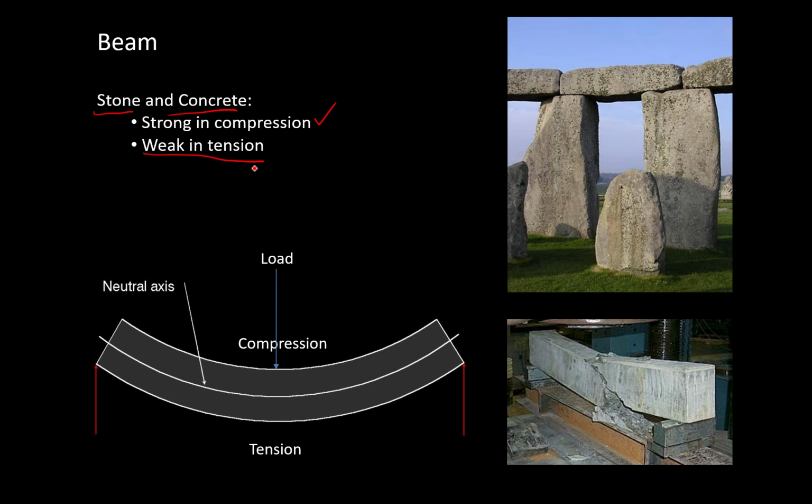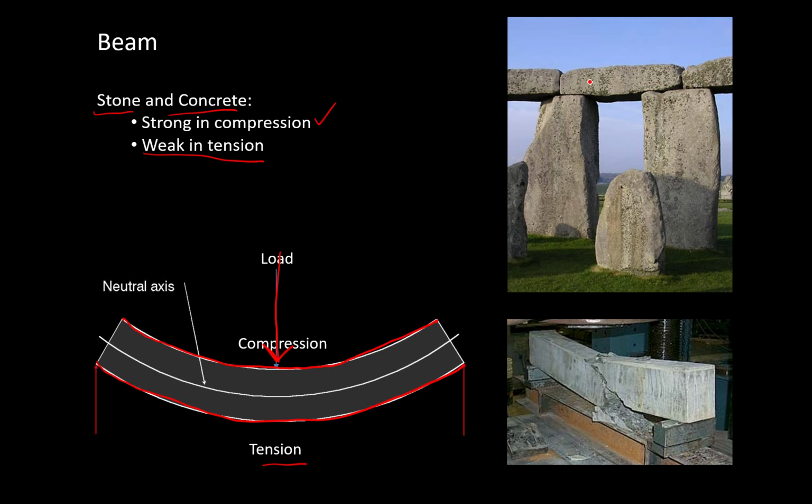So what's happening when a beam is spanning horizontally and it gets loaded with either its own weight or with a floor or people standing on top of it or roofing material, it tends to bend like this. And what happens when it bends is this top side here gets a little bit shorter, gets crushed in compression, and this bottom side here gets stretched or elongated in tension. And so stone is not so good in tension.